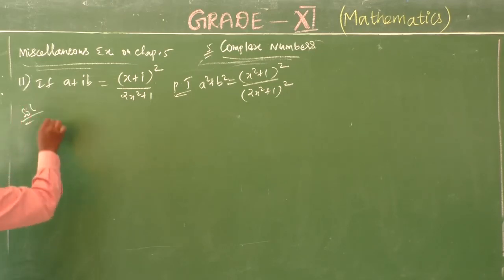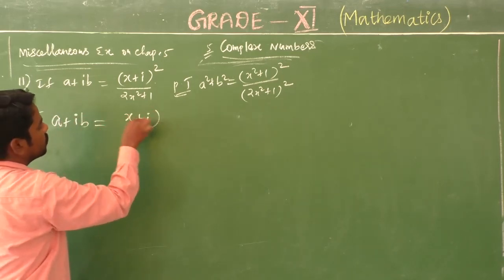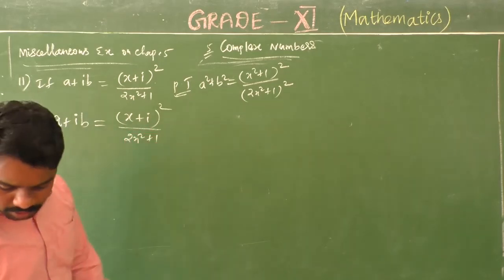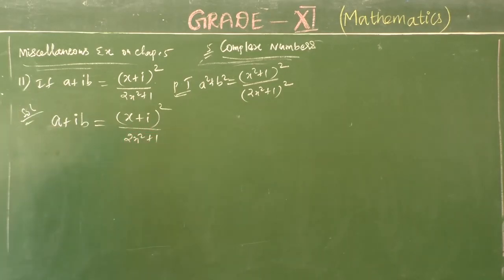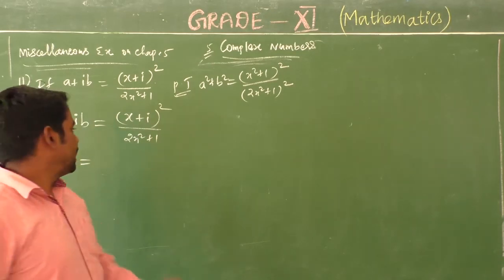given a plus ib is equal to (x plus i) the whole square divided by 2x square plus 1. Simplify this term to the standard a plus ib form.